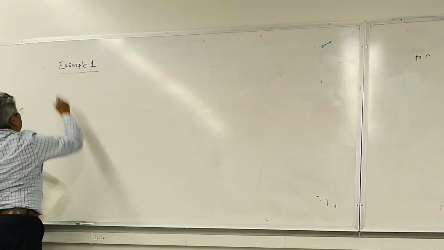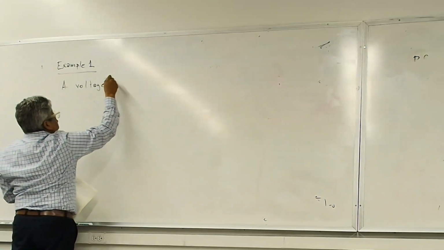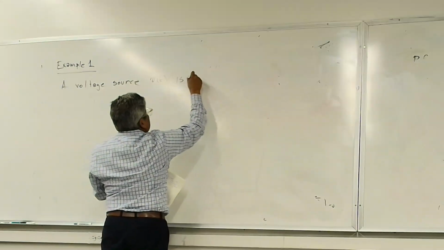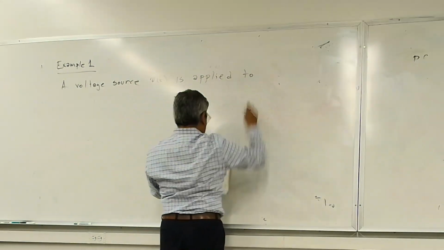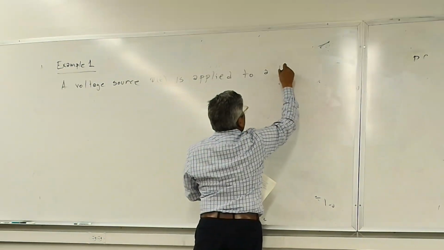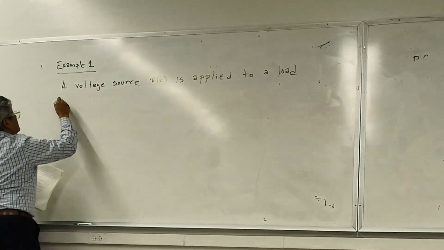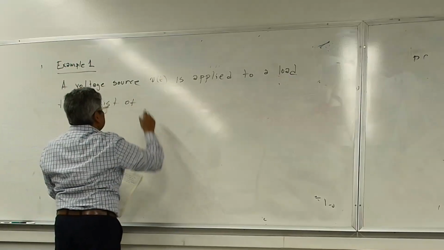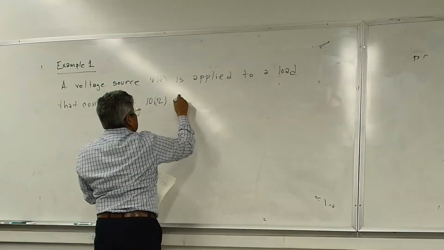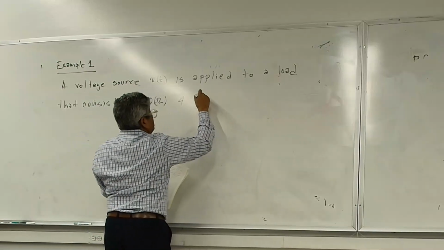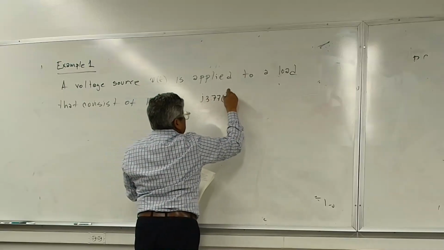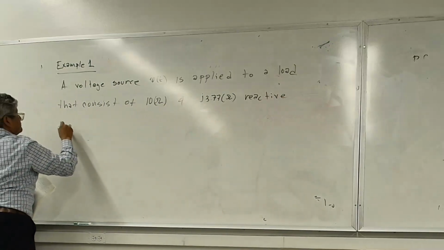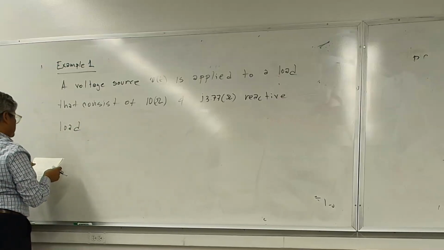We say that a voltage source V of t is applied to a load consisting of a 10 ohm resistor and a j 3.77 ohm reactive load, both loads, resistor and inductor, in ohms.